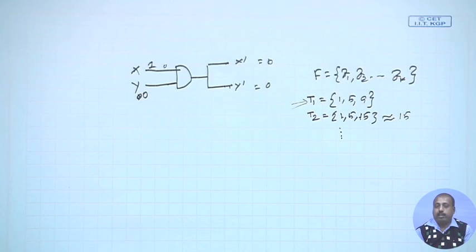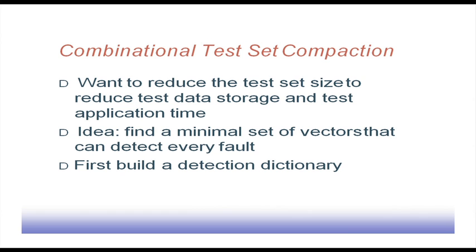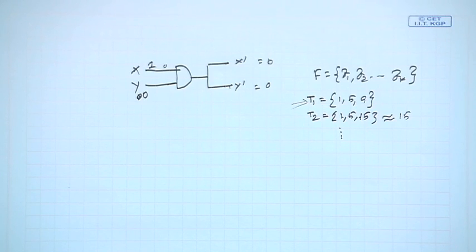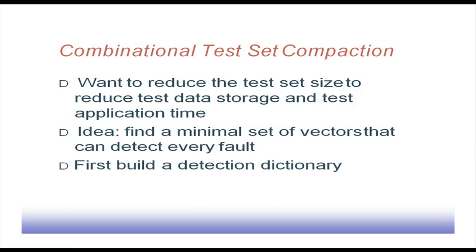So, this way the amount of new faults that are detected starts decreasing as we are generating more and more patterns. Now, if we want to minimize the number of patterns in the test set, then what is required to be done? We need to select the set of vectors that can detect all the faults, but the number of patterns is very small.